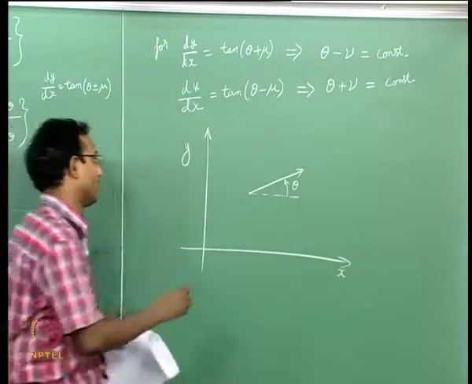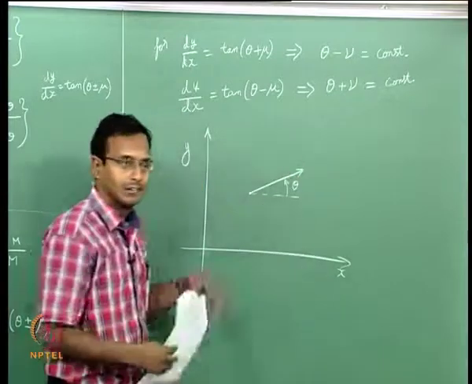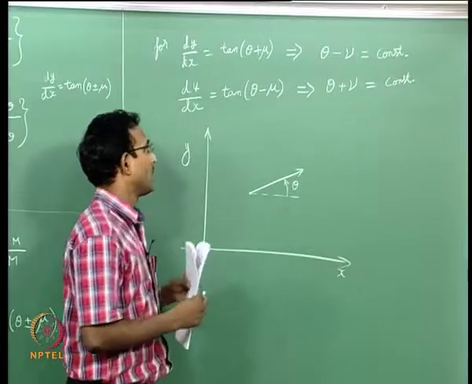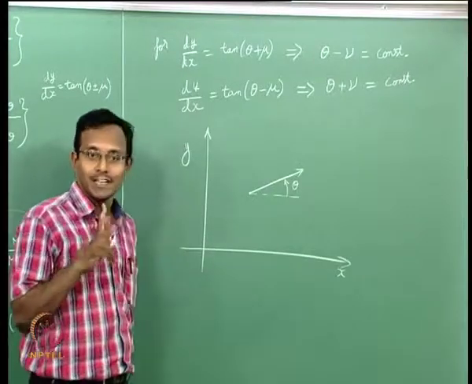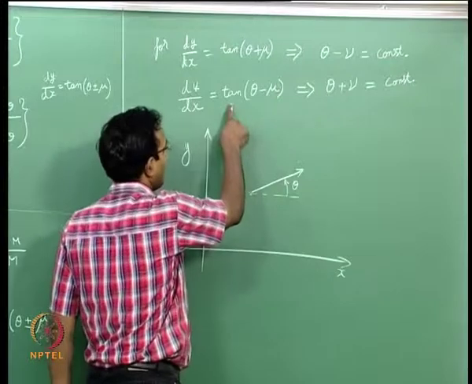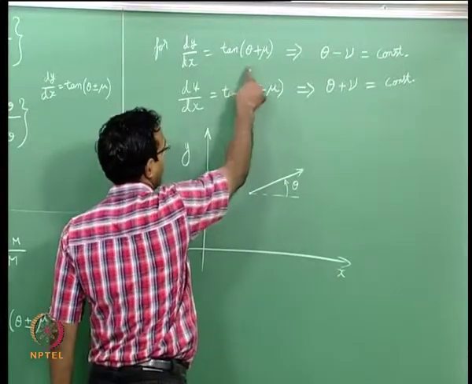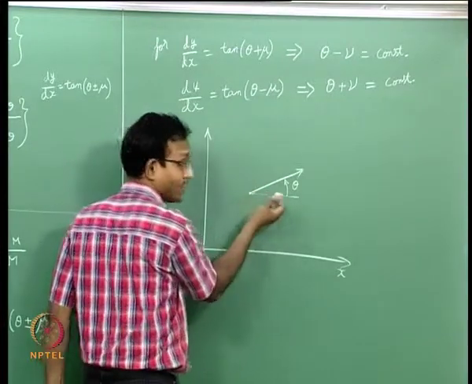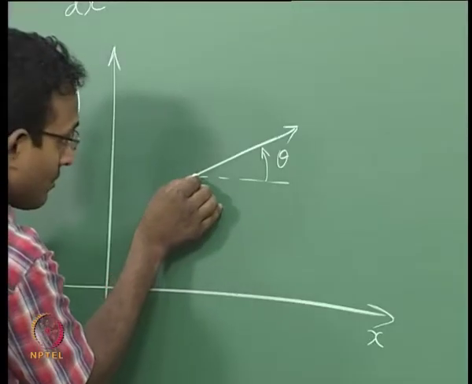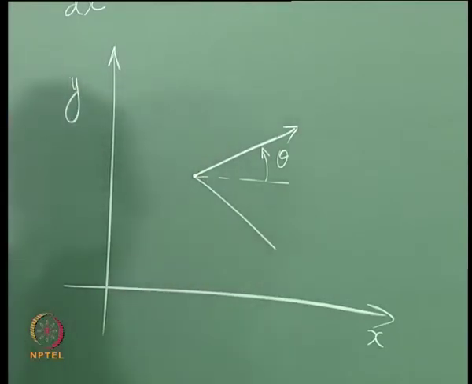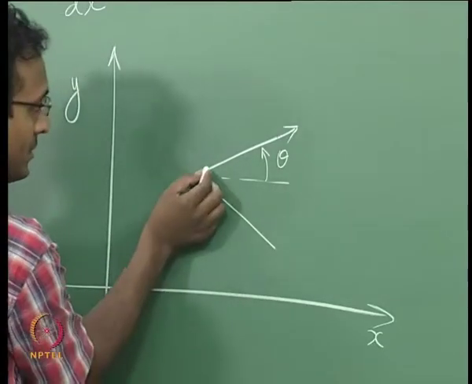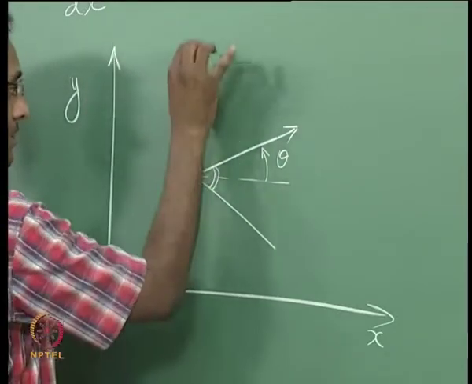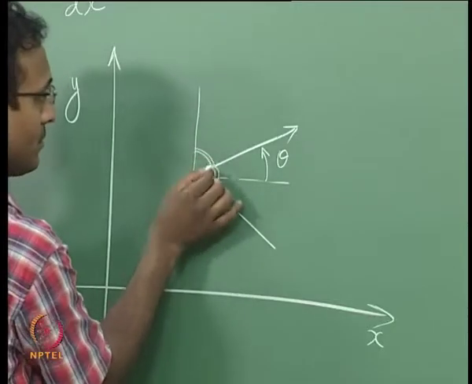Okay, the flow velocity vector has a magnitude of capital V and the direction is theta from our reference axis x. And now I am going to say there are two special directions which are having slope tan of theta minus mu and tan of theta plus mu. This is theta, theta minus mu, let us say mu is different from theta, that is going to go somewhere like this. This is one line, and another line same angle the other side, which will be going something like this.